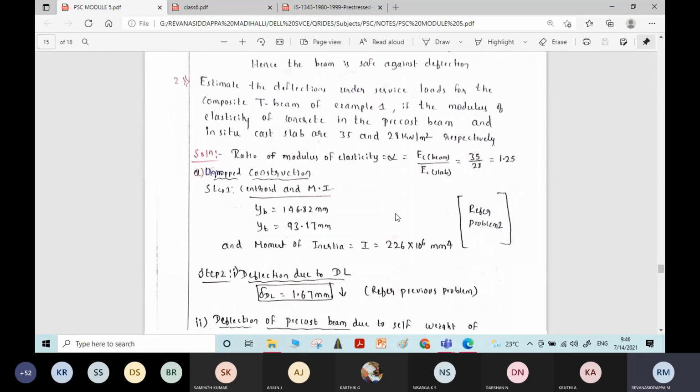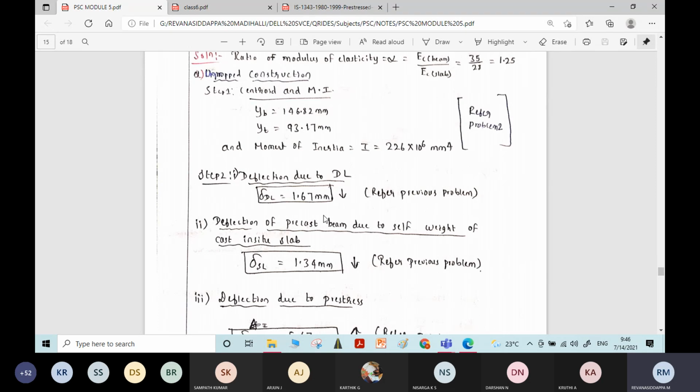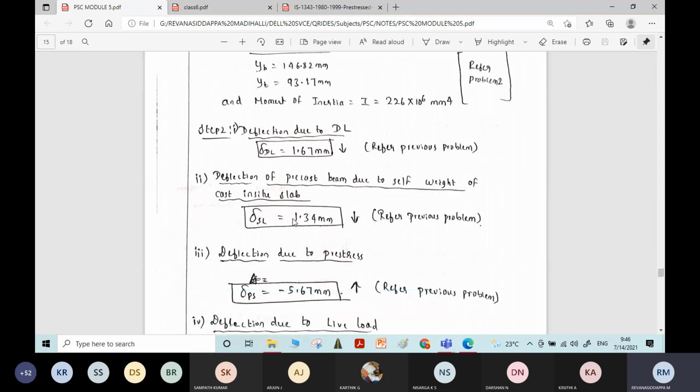If different modulus of elasticity for beam and slab is given, first you need to calculate the ratio of Young's modulus of beam to that of slab. If you calculate the ratio, you will get 1.25. While calculating deflection due to dead load and deflection due to the slab load, it is similar to the procedure we followed for the previous problem.